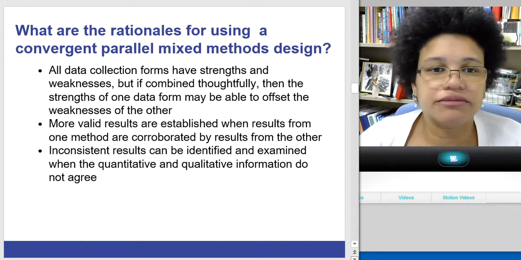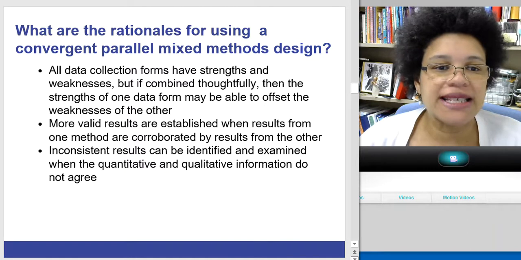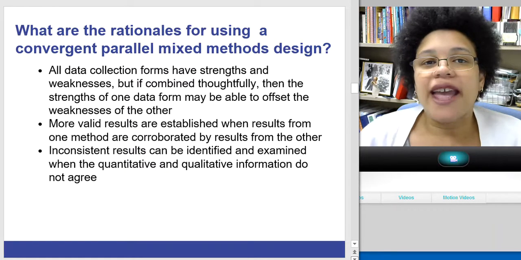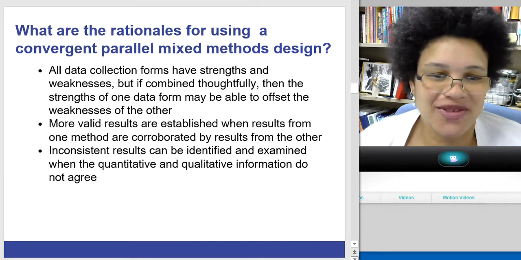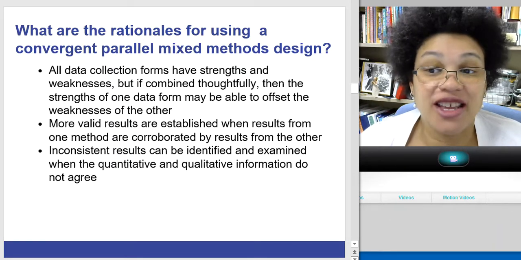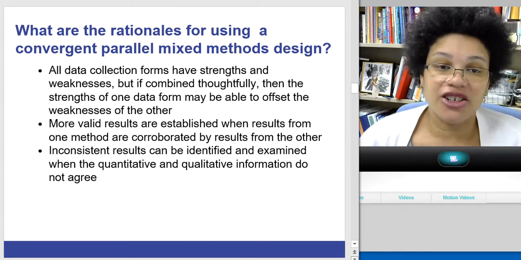So people use convergent parallel mixed methods design when they have a way of thoughtfully combining the strengths of both quantitative and qualitative research. And then the strengths can offset the weaknesses of the other, right?